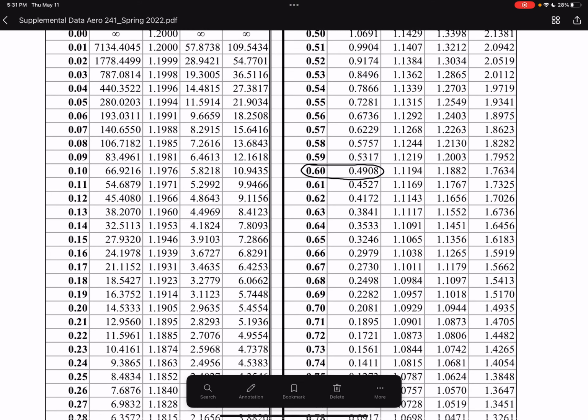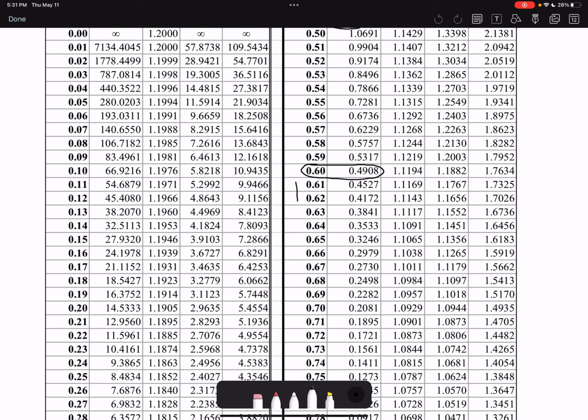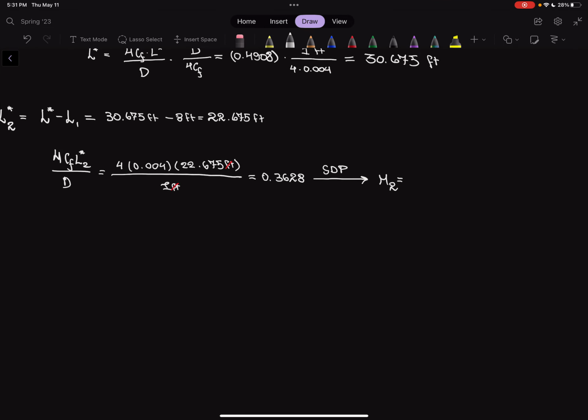Our ratio went down to 0.3628, which is between these two, so we can say 0.635. And our flow sped up because we constrained it and it was subsonic. So let me go back here. It's going to be 0.635.